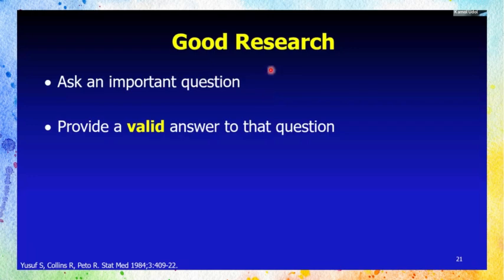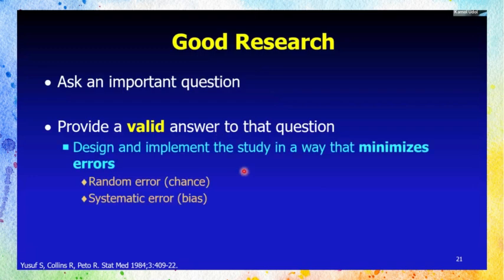So for good research, in order to provide a valid answer to the question, we need to design and implement the study in a way that minimizes errors, both random error and systematic error. So we will get a valid answer, the answer that represents the truth.